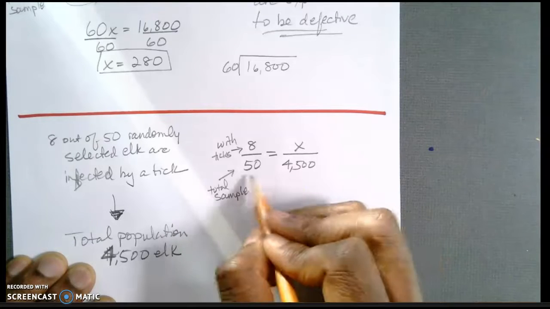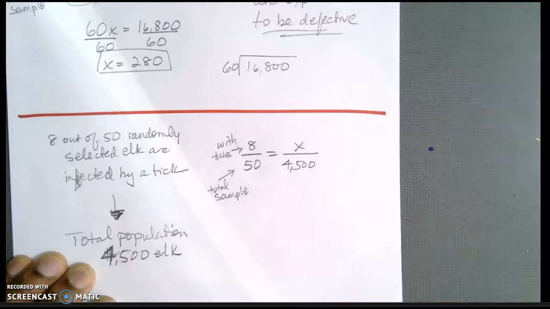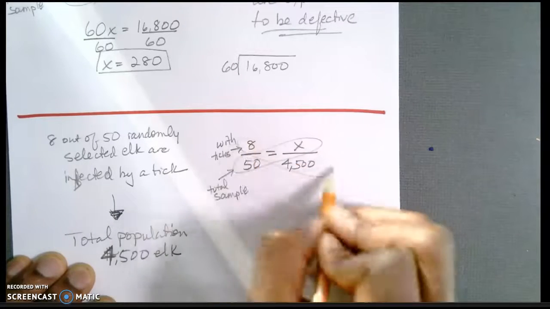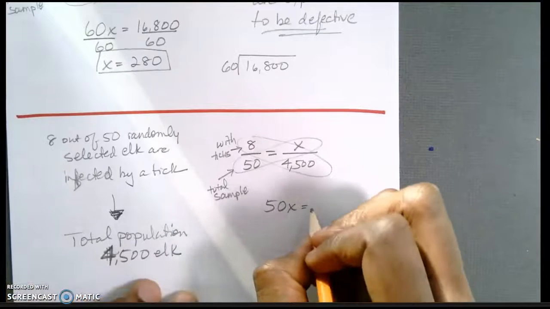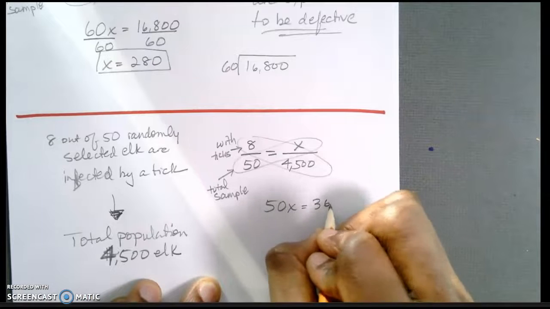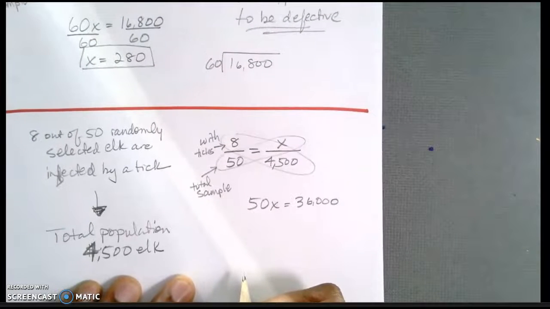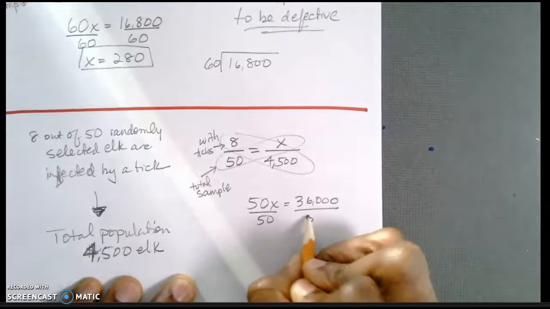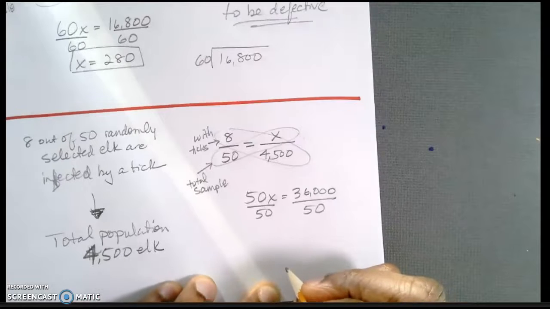Again, I can either multiply 50 times some number that'll give me 4,500, but if that's not popping out of my brain, I would just do cross multiplication. That's 50x, and again, through the power of YouTube, that is going to be 36,000. So again, it's just a regular one-step equation. I'm going to isolate my x value by dividing each side by 50.